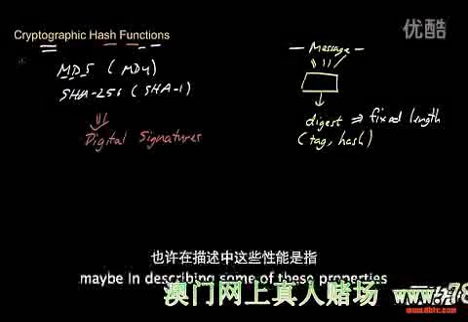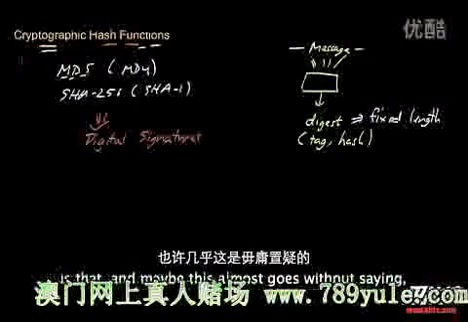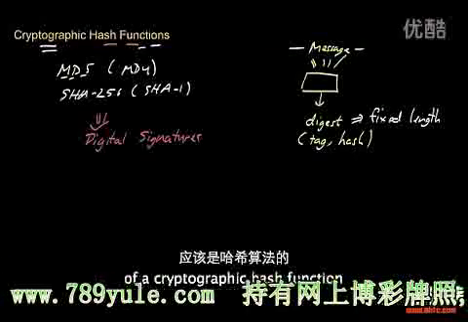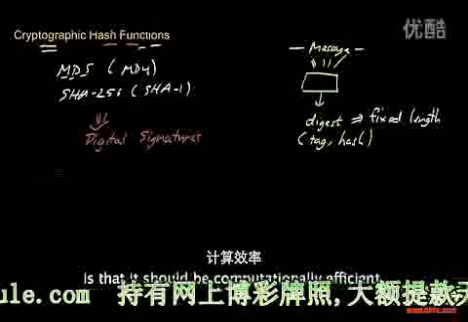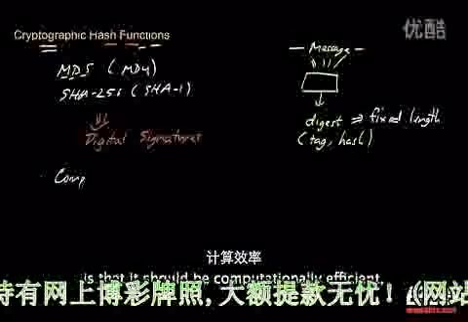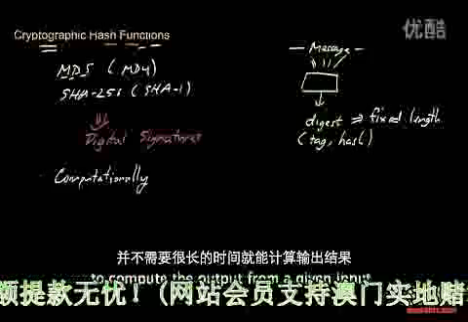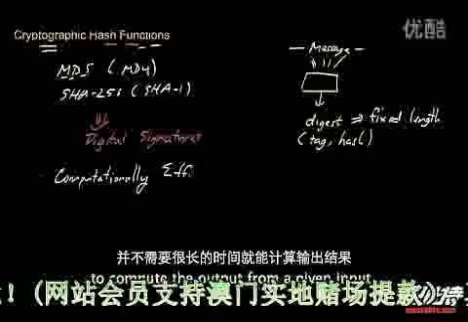So first and foremost, in describing some of these properties, and this almost goes without saying, one of the first properties you want of a cryptographic hash function is that it should be computationally efficient. And by that I mean that it shouldn't take a lot of time to compute the output from a given input.